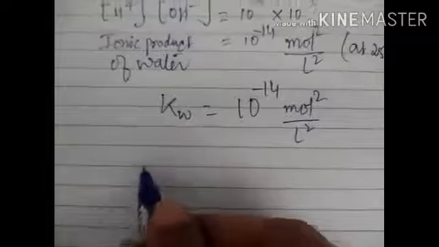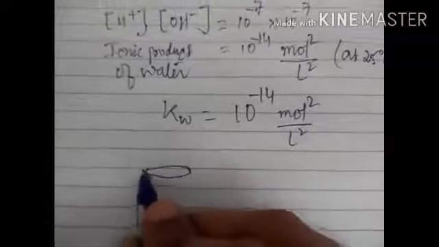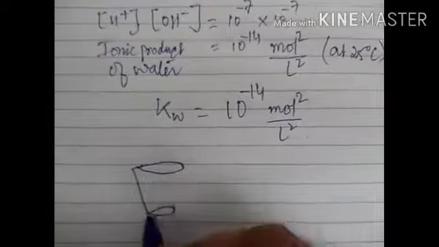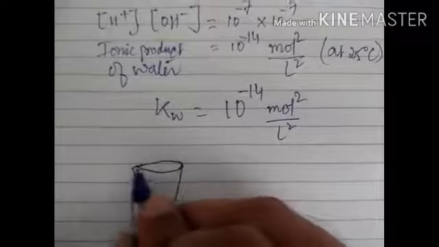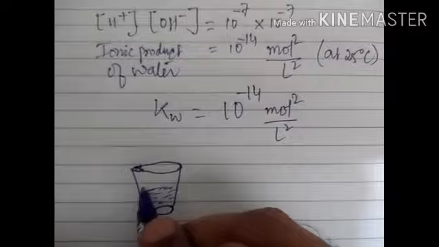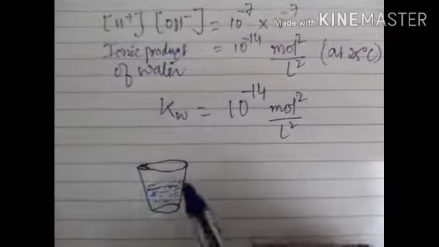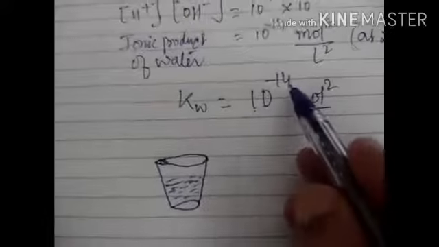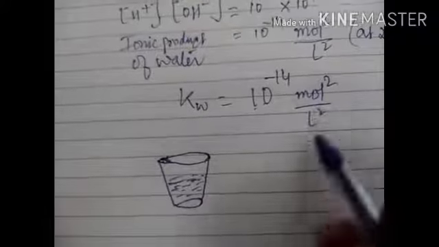So if I have a sample of water at 25 degrees Celsius, simply water, what will be the ionic product over here? It will be 10 raised to the power of minus 14 mole square per liter square.